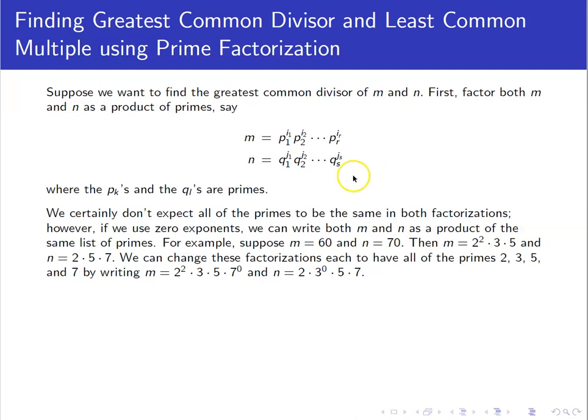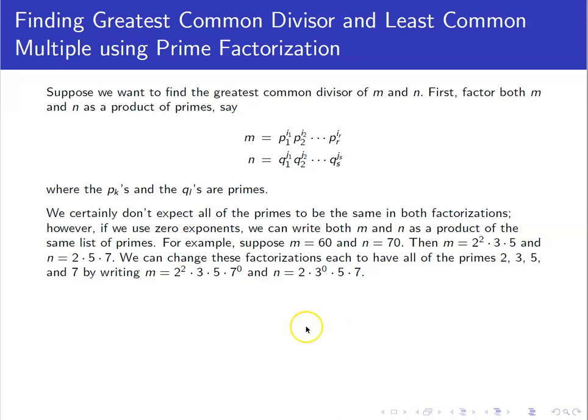So what do I mean by that? Well, let's say we have the numbers 60 and 70. The 60, if I write it as a prime factorization, is 2 squared times 3 times 5. And 70 as a factorization is going to be 2 times 5 times 7. So my list of primes that I could use here would be the primes 2, 3, 5, and 7.